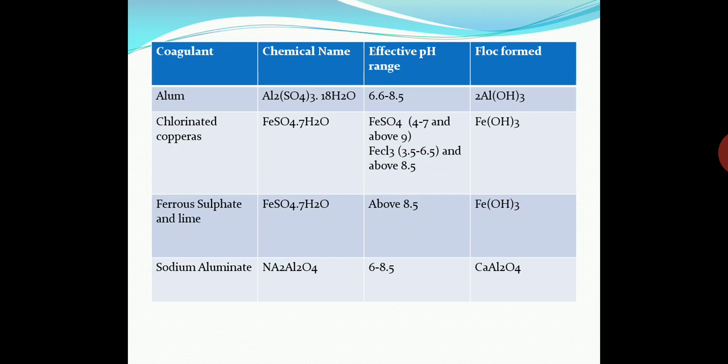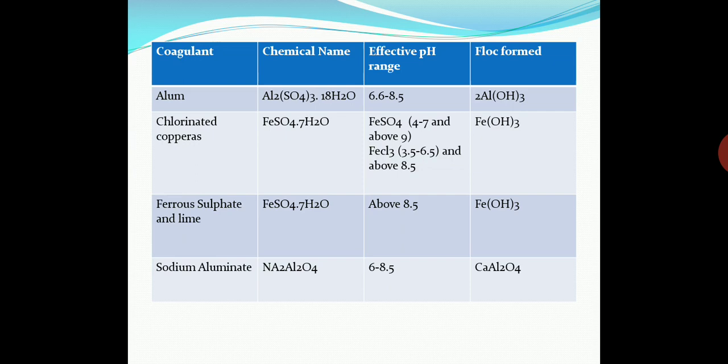So this ferric sulfate and ferric chloride are used to form precipitate separately. Ferric sulfate is used in the pH range of 4 to 7 or above 9. When the pH is in that range, this ferric sulfate reacts with water to form floc.